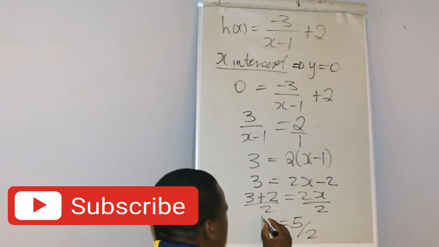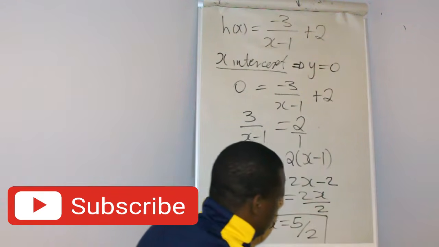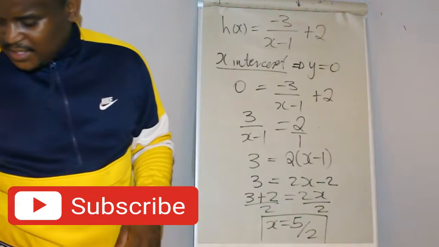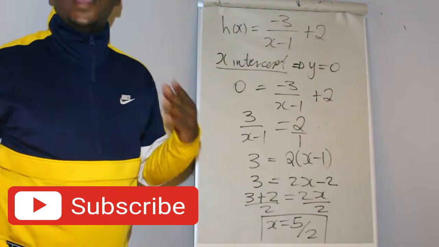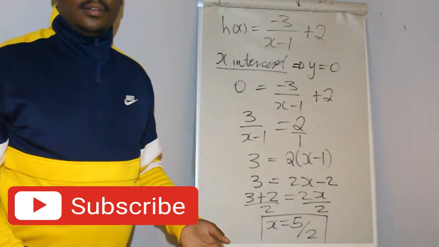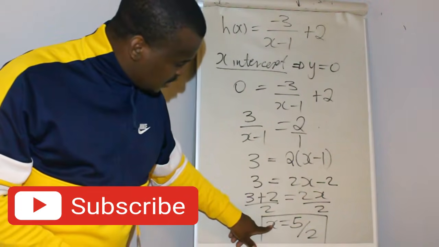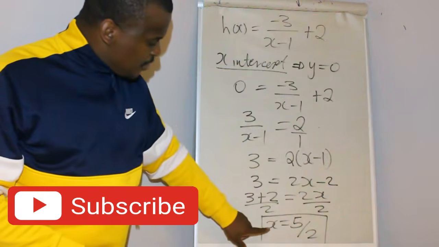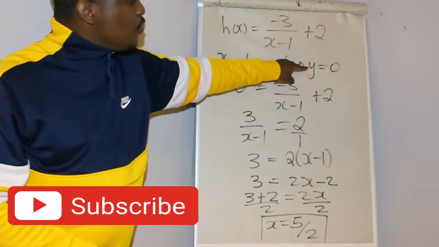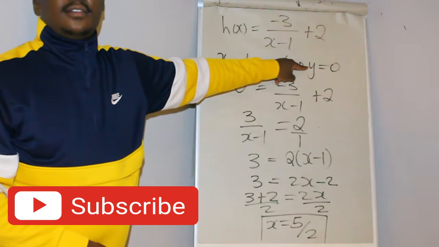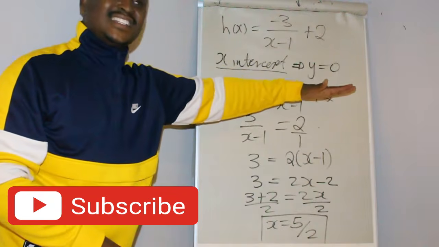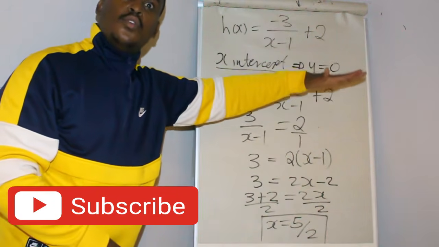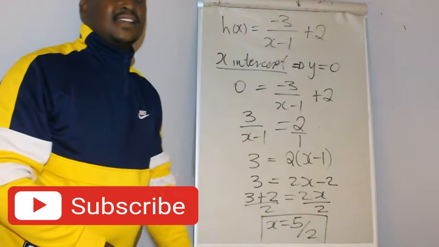So you found your x value, which is 5 over 2. What that means is you have the coordinates for your x-intercept. Because you found your x to be 5 over 2, you knew your y was 0 there, because along that line y is equal to 0. That is the x-axis.